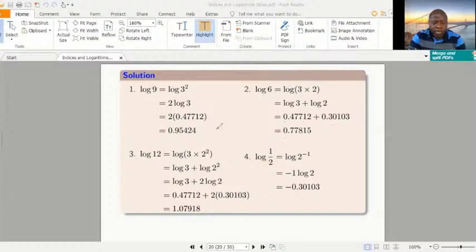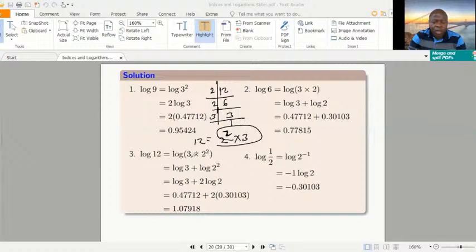Now what about 12? How do we write 12 in terms of either 2 or 3? Let me see 12. 2 would go here 6 times. 2 would go here 3 times. 2 would go here once. That means 12 is 2 raised to 2 times 3. So in other words, this is what I wrote. The log of 12 is log of 3 times 2 raised to 2.